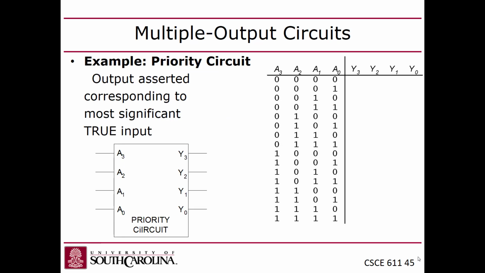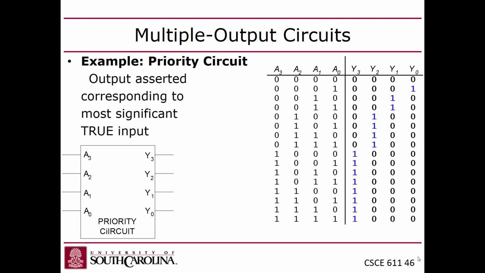All right, so let's switch topics again here. Let's talk about multiple output circuits. So this is a priority circuit. What's special about this? Well, it's got more than one output. Every truth table we've looked at so far had multiple inputs and one output column. This has 4 output columns, right?